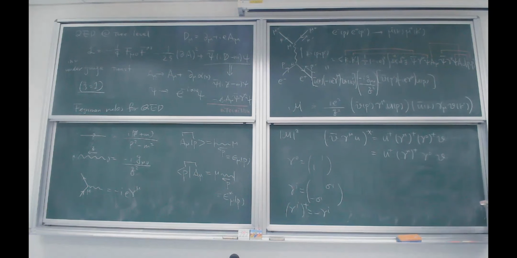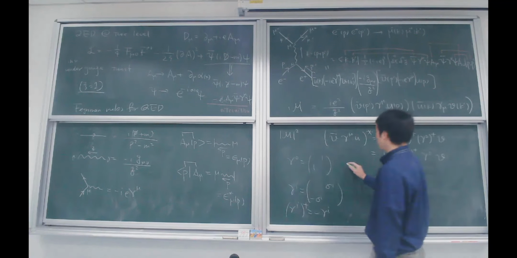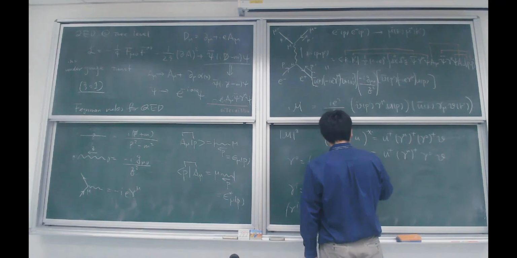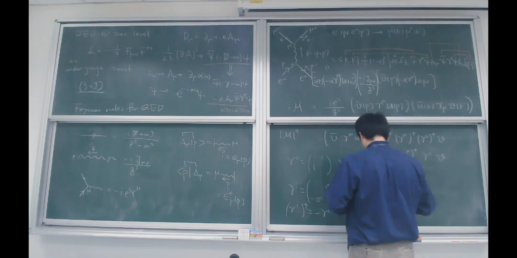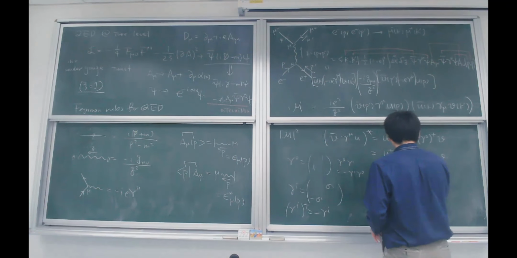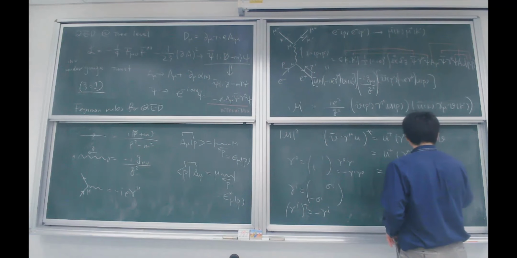So therefore, if you use the Clifford algebra, gamma 0 gamma i is equal to minus gamma i gamma 0. If you use this condition, you have gamma 0, gamma mu dagger.